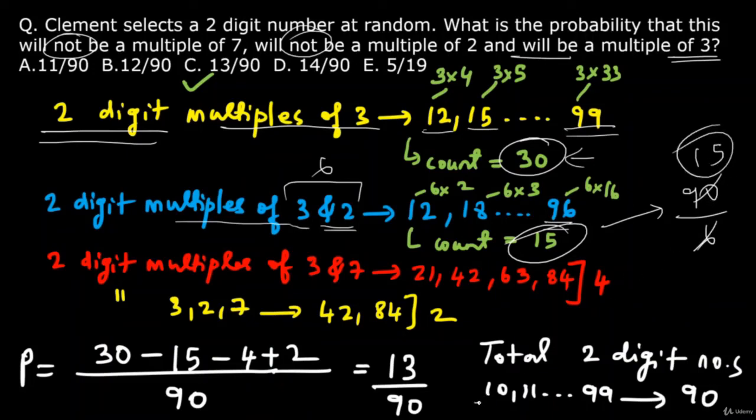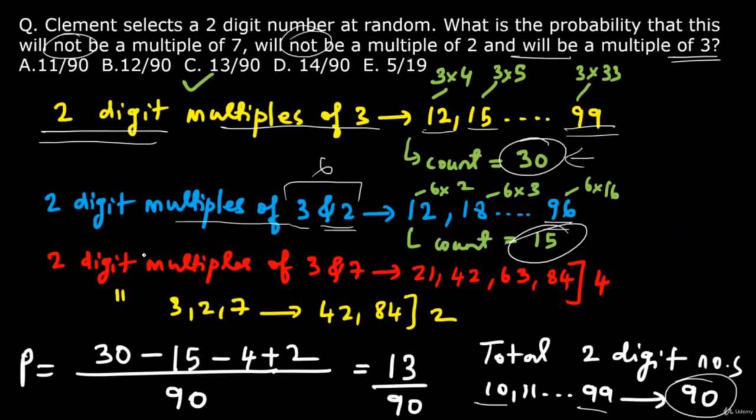The first 2-digit number is 10 and the last is 99. So in 90 2-digit numbers you'll have 90 by 6, that's 15 multiples of 6. Alright, now let's proceed.